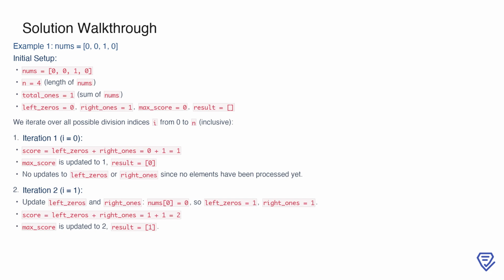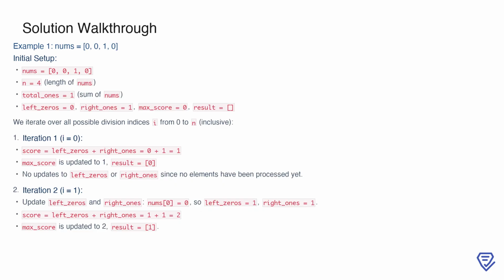In the first iteration, at index i equals 0, the score is 0 plus 1 equals 1, so we update max_score to 1 and add 0 to the result. No updates to left_zeros or right_ones are needed yet. For the second iteration, i equals 1, we process nums[0] equals 0, so left_zeros increases to 1 while right_ones remains 1.